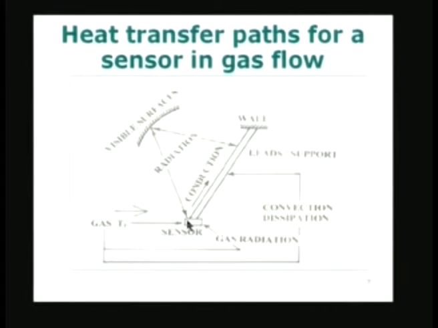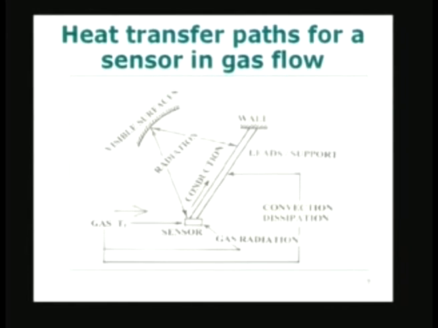Then again it may be viewing some surfaces which are cool or cold compared to the gas temperature. Therefore, some amount of radiation loss may take place, and in fact, as I have shown here, some amount of conduction heat transfer may take place with leads, and the leads themselves may lose heat by radiation to the surroundings. And again, of course, there is convection directly from the gas also to the leads, because the leads or the support is also in contact with the gas which is flowing.